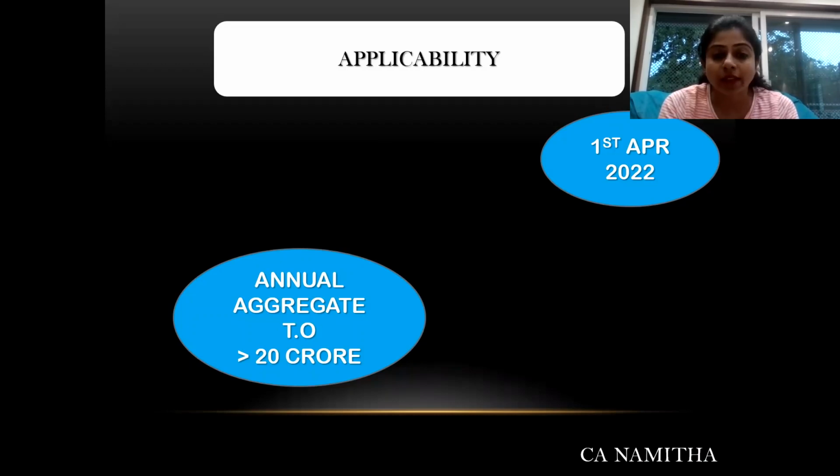It is only that the specific particulars from this regular invoice are fed into NIC, that is a portal, the invoice registration portal, and after feeding of these details, the IRN, that is the invoice reference number, is obtained.